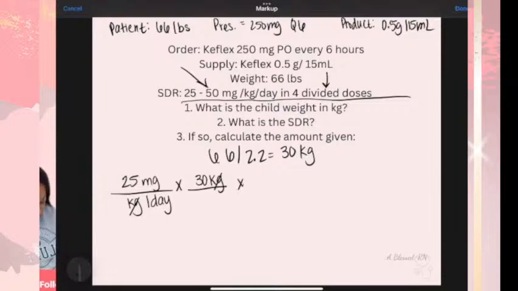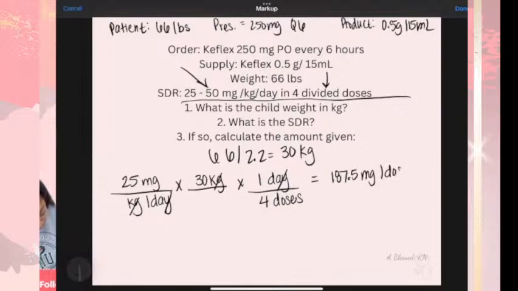So in 1 day, you give 4 doses. Days cross out, and you got how many milligrams per dose? So 25 times 30 divided by 4 is 187.5 milligrams per dose. And that's your lower limit.